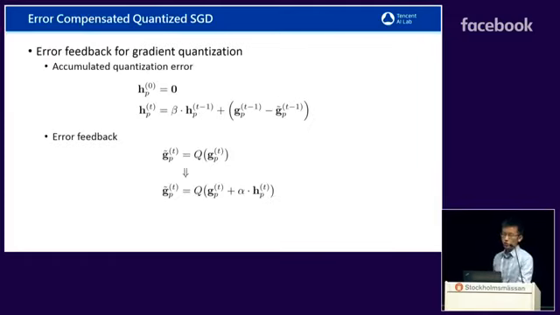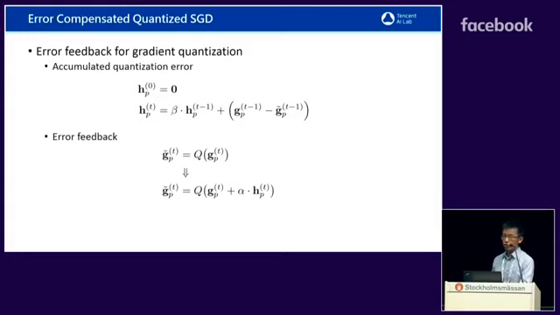Now we introduce the error feedback scheme, in which every worker maintains another variable H to accumulate all the previous quantization errors. Here we use a time decaying factor beta. The accumulated quantization error is initialized with all zeros and then updated in each iteration using the current quantization error, the difference between G and G tilde.